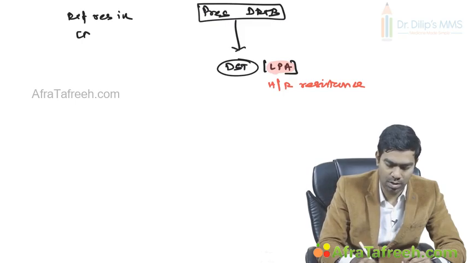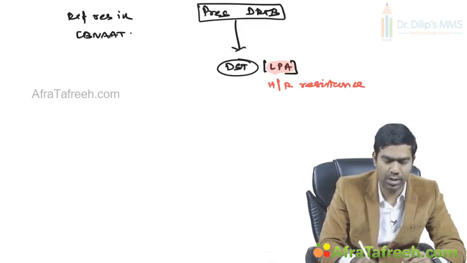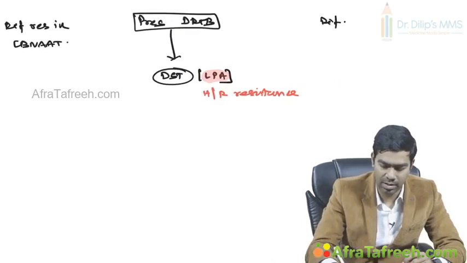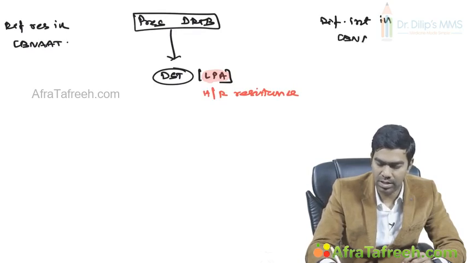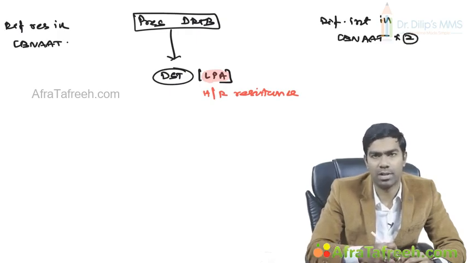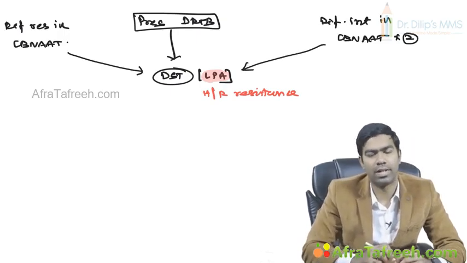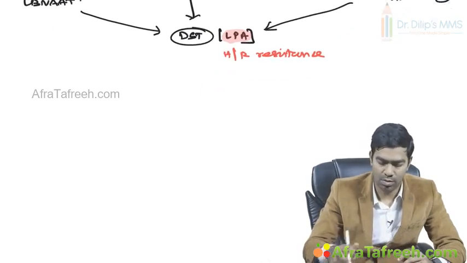in GeneXpert, that is cartridge based nucleic acid amplification test, or if it comes as rifampicin intermediate in GeneXpert tests at least 2 times, then these patients can also be taken for drug sensitivity testing through LPA, that is H and R resistance.